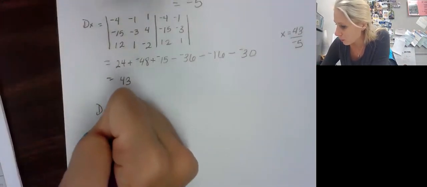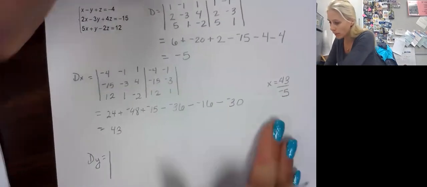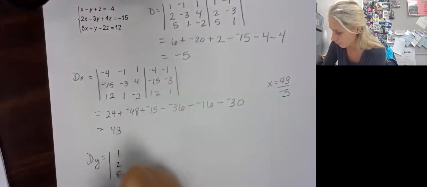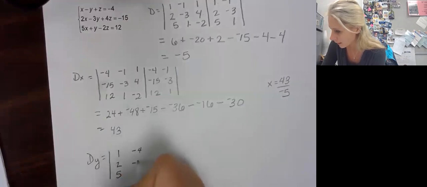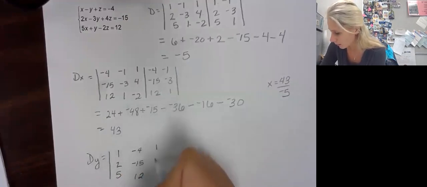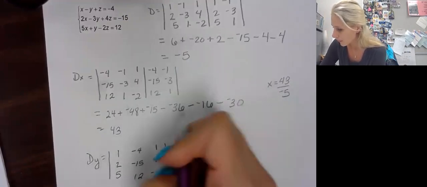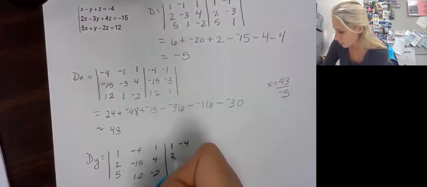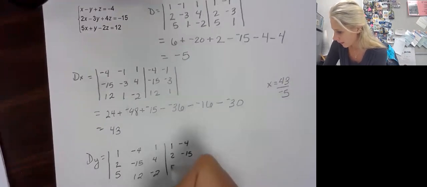So let's do dy. Remember, I'm keeping my x's. So what were my x's again? It was 1, 2, and 5. But instead of my y's, I'm putting in the constants -4, -15, and 12. There are my z's, 1, 4, -2. Okay. Columns, 1, -4, 2, -15, 5, and 12.